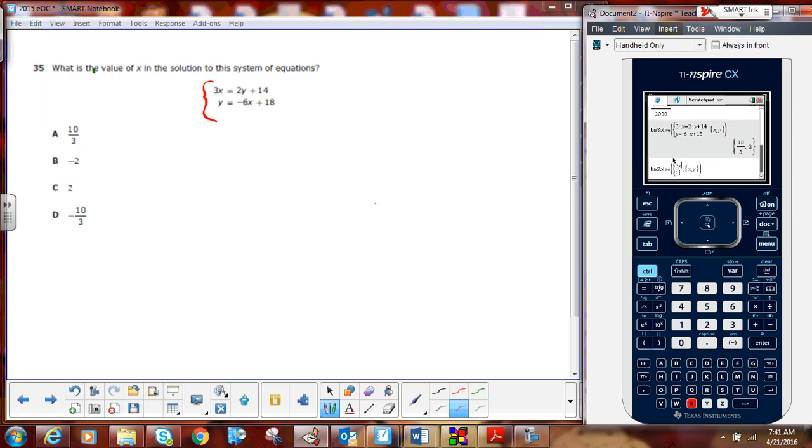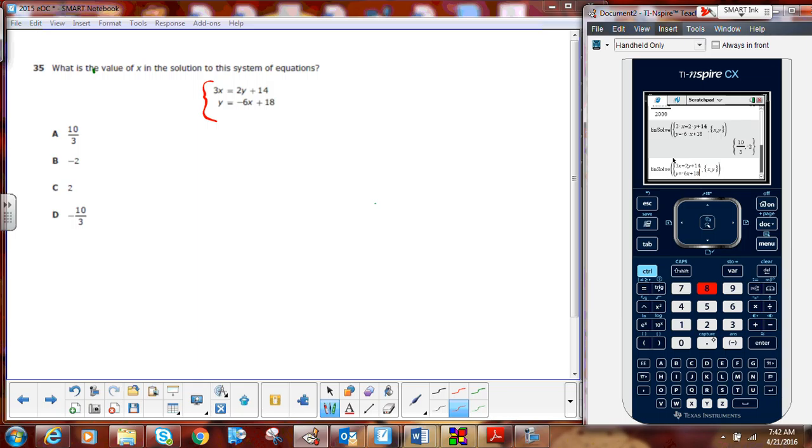So 3x equals 2y plus 14. Now the bottom equation would be y equals -6x plus 18.